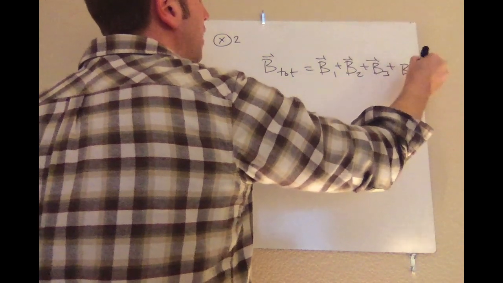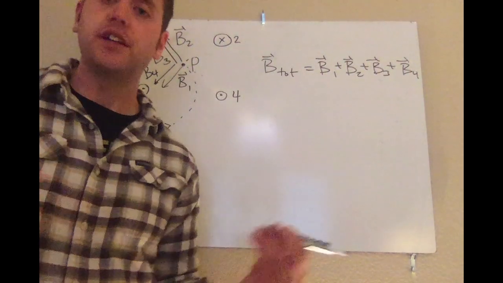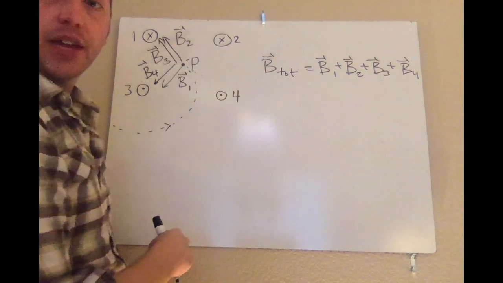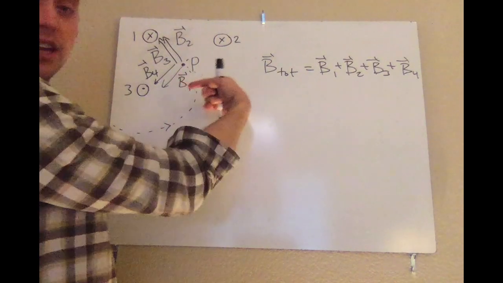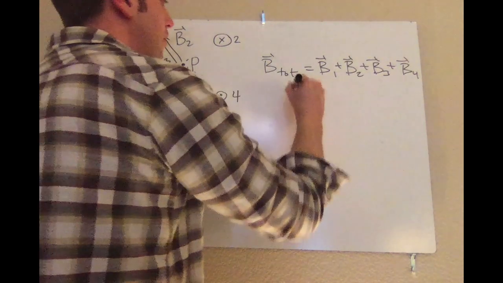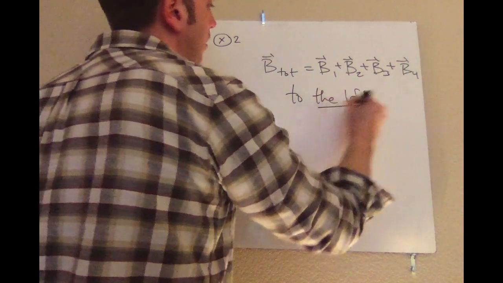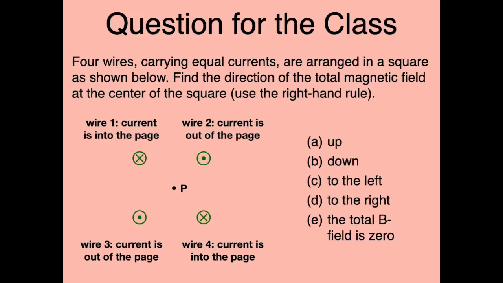We just add the magnetic fields together from the individual wires, and then we get the total. That's how it works. So if we look at how these vectors add, clearly the vertical components cancel, but we're left with something going to the left. So the total magnetic field in this situation is to the left.